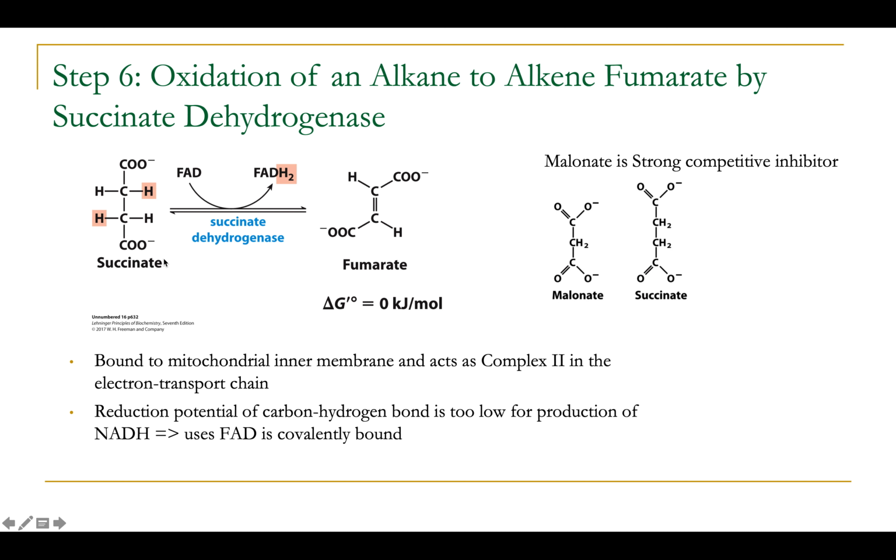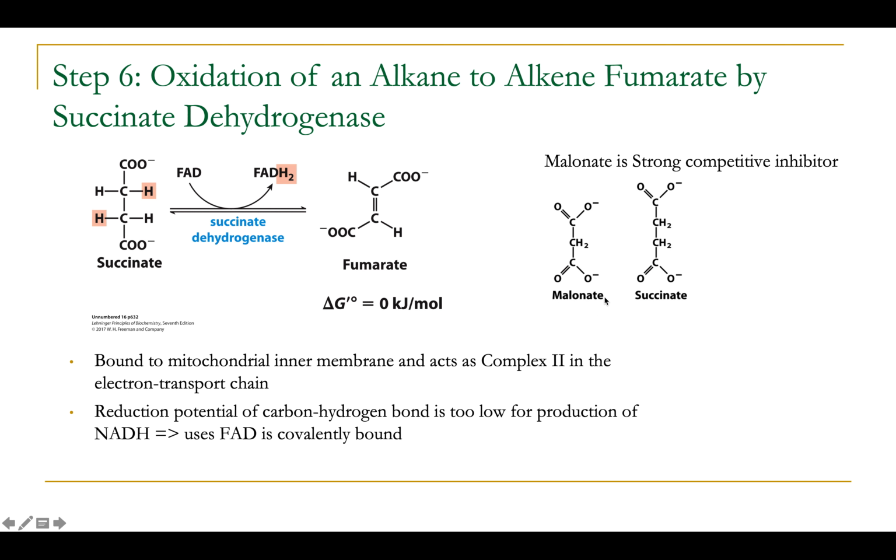Interestingly, succinate dehydrogenase is the only enzyme within the citric acid cycle which is a membrane-bound enzyme. The others are soluble. The succinate dehydrogenase is a subunit of complex 2 of the electron transport chain, and this is a flavoprotein. It means that FAD is covalently bound to the enzyme, and within complex 2, the electrons gained by reduction of FAD are directly fed into the electron transport chain, thus ready for production of ATP.